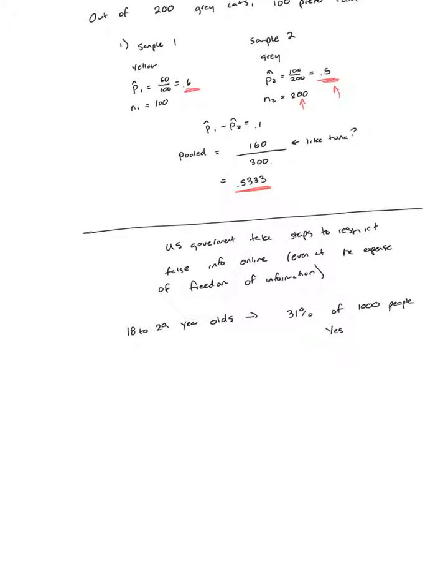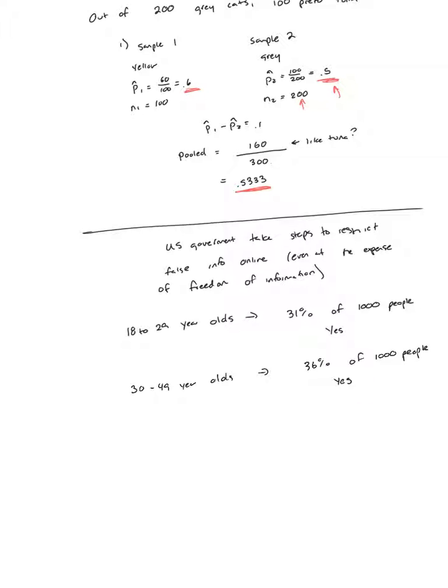Okay, so that was 18 to 29. Let's look at one group up. Let's look at 30 to 49-year-olds. For this group, they found that 36% of the 1,000 people asked said yes.